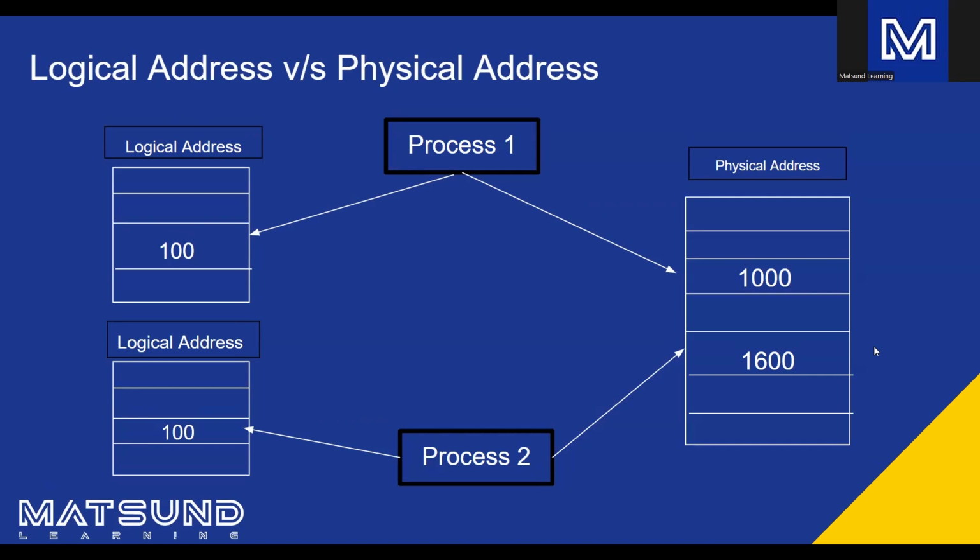The MMU ensures that each process's logical addresses are translated to the correct physical addresses without overlapping or interfering between processes. The separation is crucial for ensuring process isolation. The operating system ensures that they do not interfere with each other in physical memory.